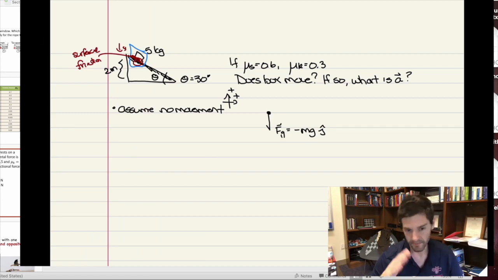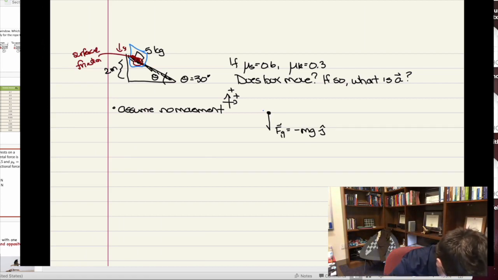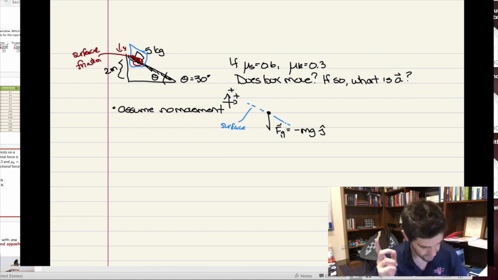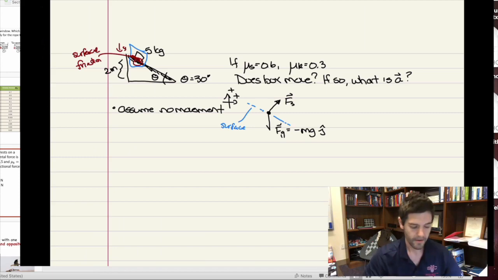It is in contact with the surface of the ramp, which maybe I'll draw like this. The surface is not a force. That's why I made it a different color. But there's a surface force, which is F surface, which has some horizontal and some vertical component.